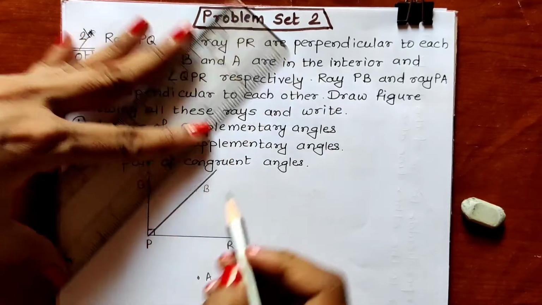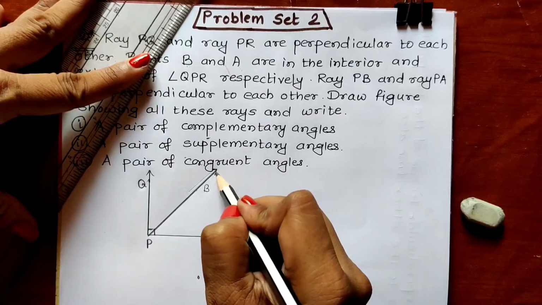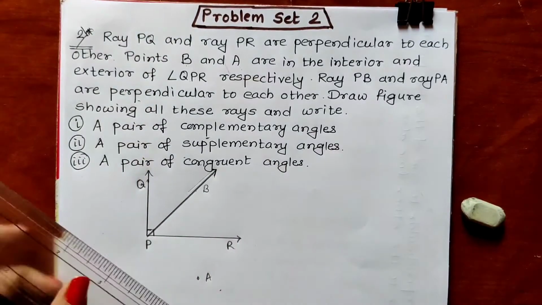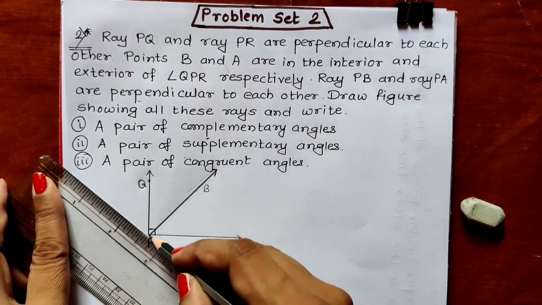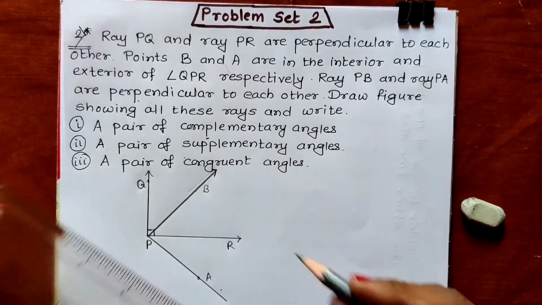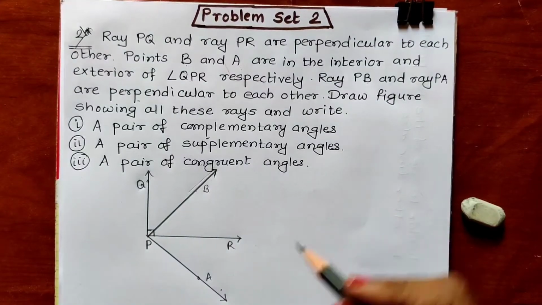So this is my ray PB. I will have to put an arrow here, and then ray PA. From P to A we will have to draw ray PA. In this way we have drawn all the rays.